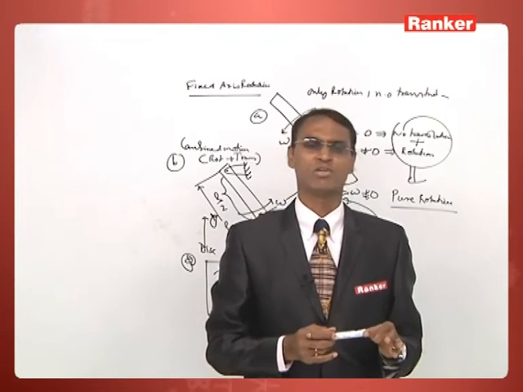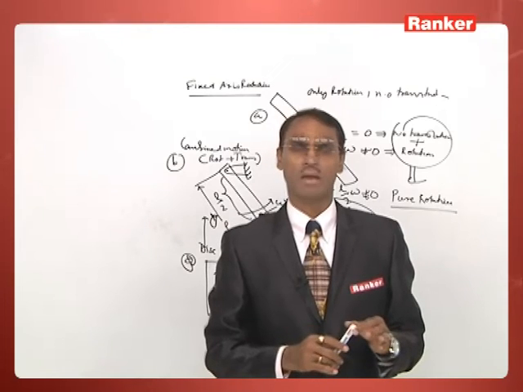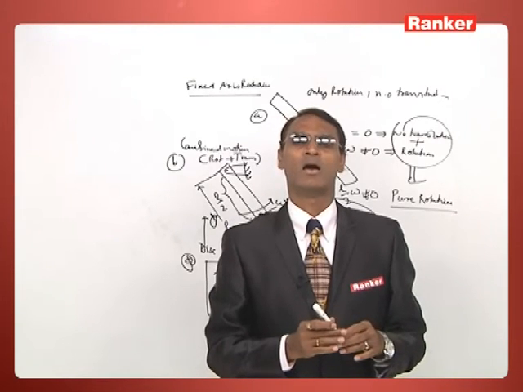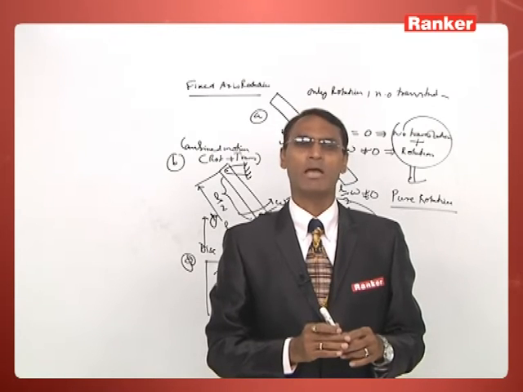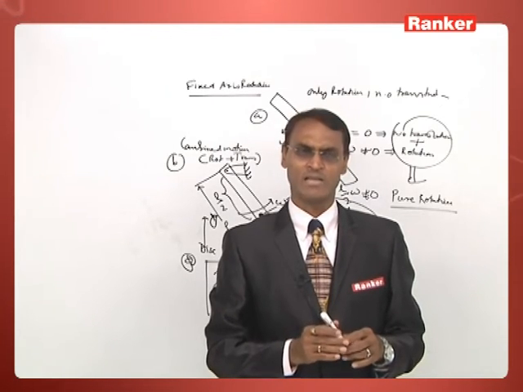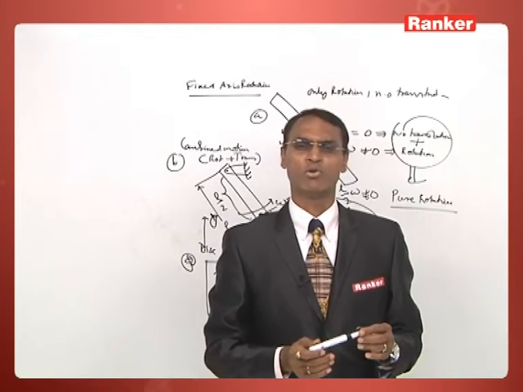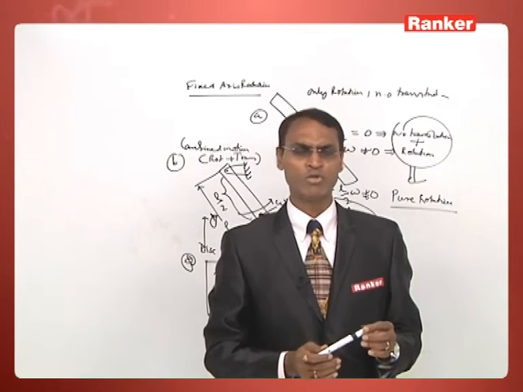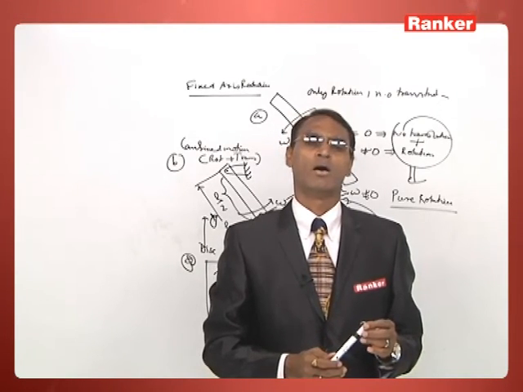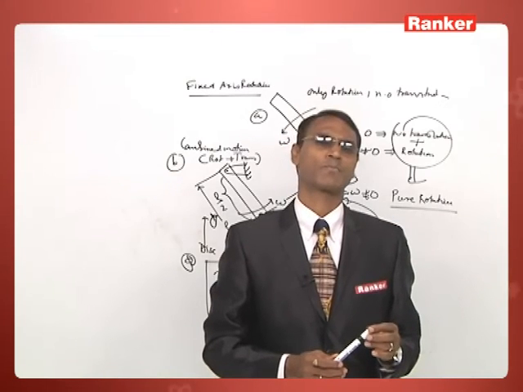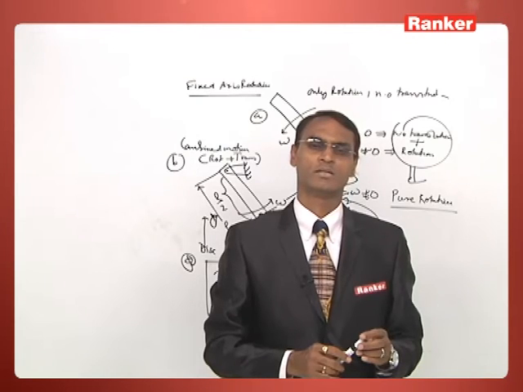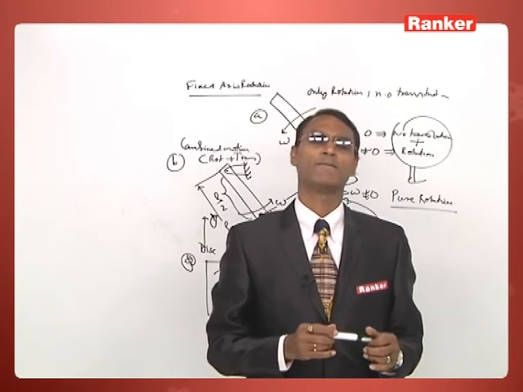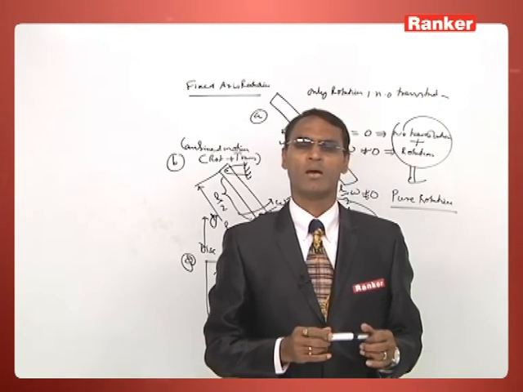In the next class, we will talk about uniformly accelerated angular motion, or uniform angular acceleration. The body undergoing it will have angular velocity and angular displacement with respect to time.